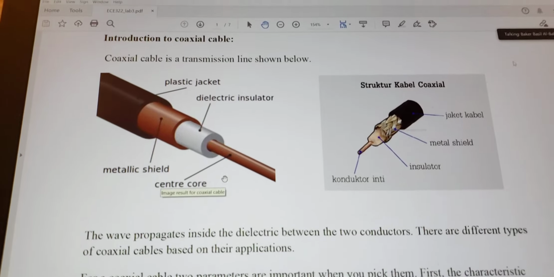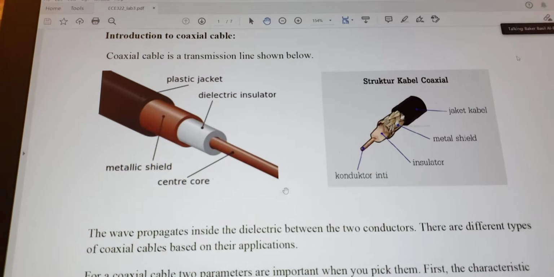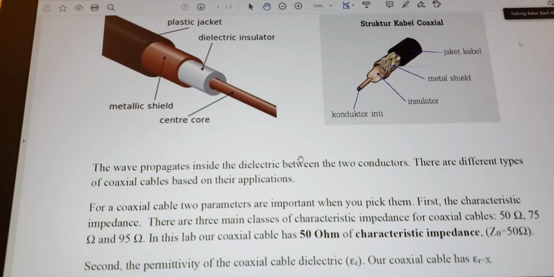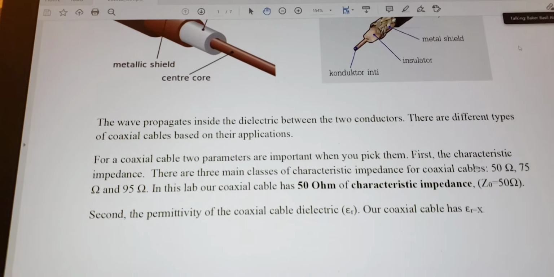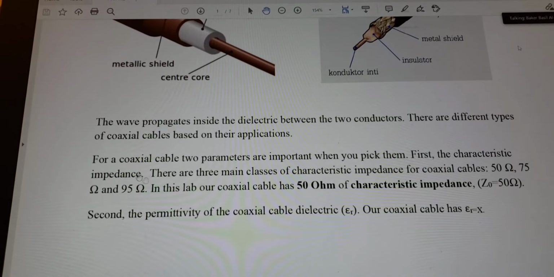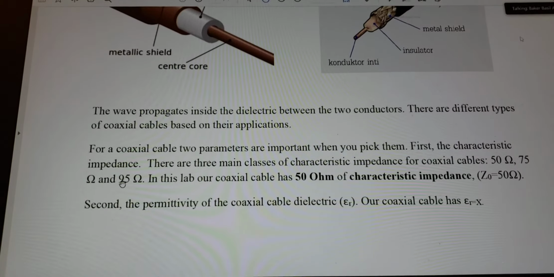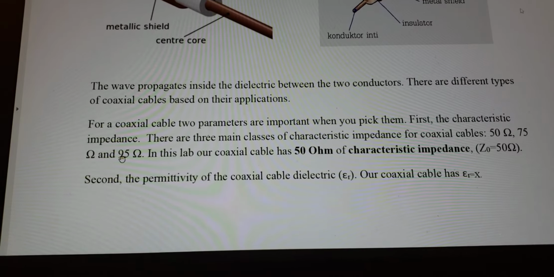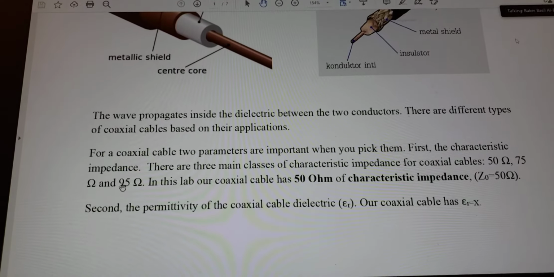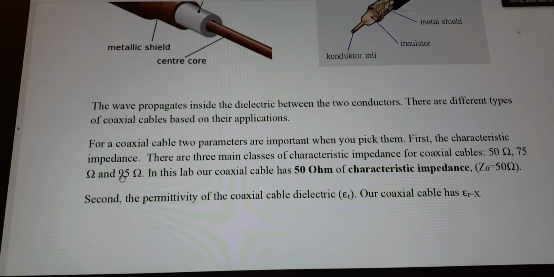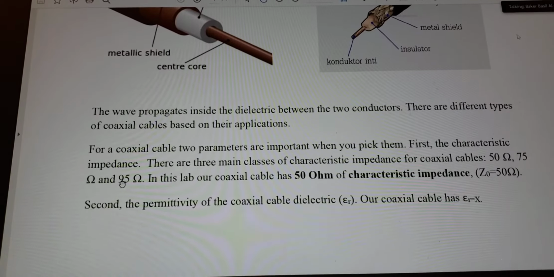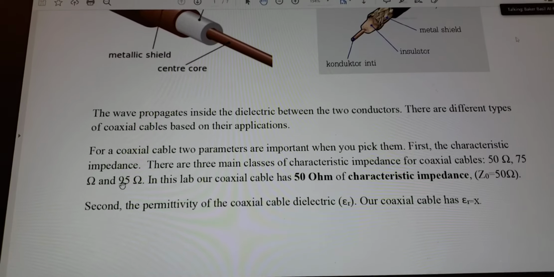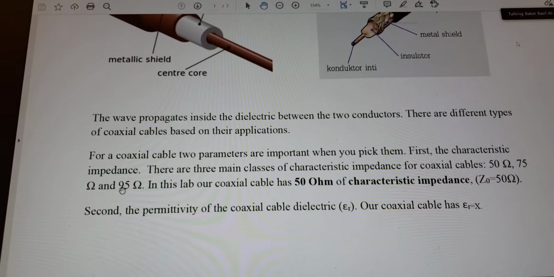For a transmission line, the characteristic impedance is either 50, 75, or 95 ohms. For our coaxial cable that we use in our experiment and which is available in the lab, the characteristic impedance is 50 ohm. And you know what the characteristic impedance is. So this is the first important thing about the transmission line, the characteristic impedance.